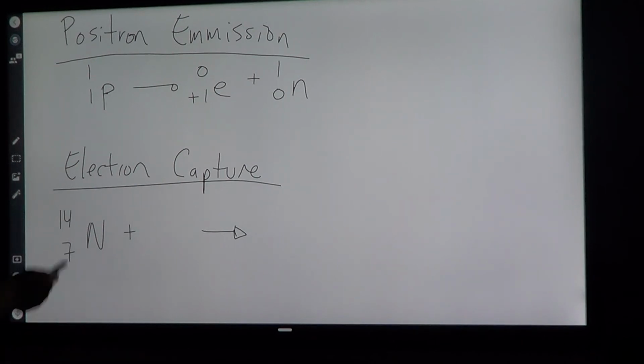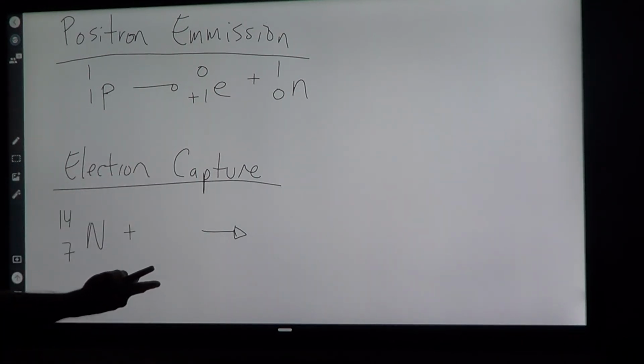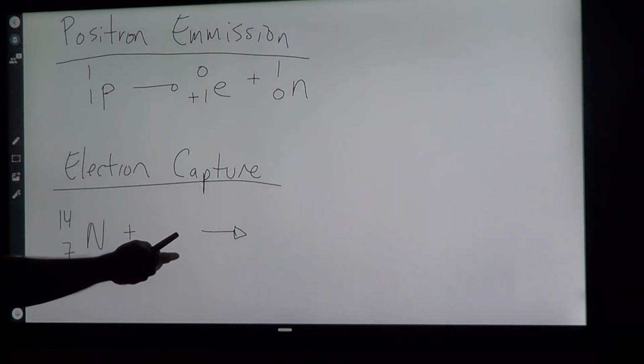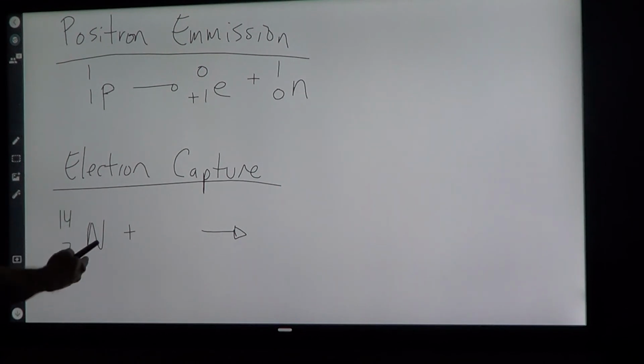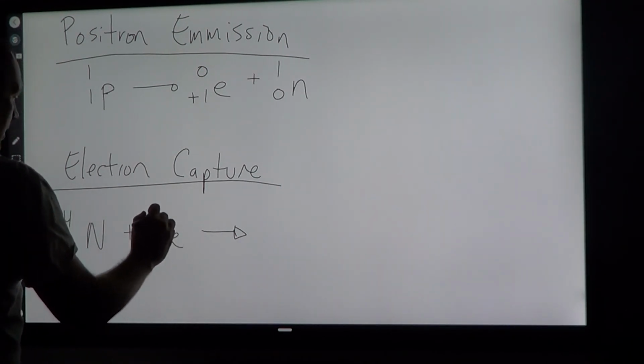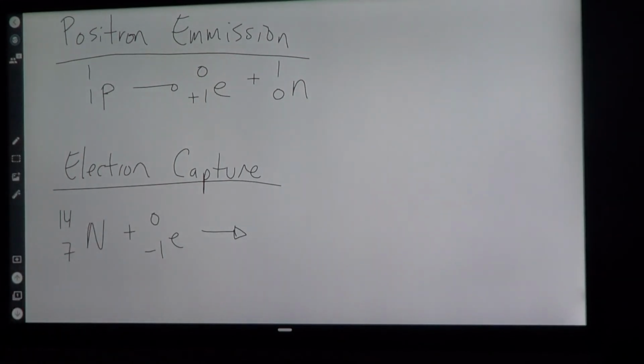Okay? Electron capture, which is the exact opposite of beta decay, is now the nitrogen in the atmosphere, because of the solar wind, will pick up an electron.